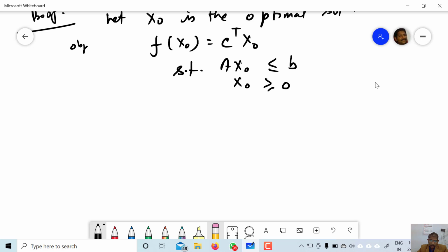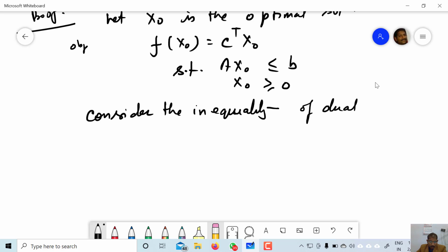Now consider the inequality of the dual. The dual of this problem will be A^T y greater than or equal to C, with y greater than or equal to 0.